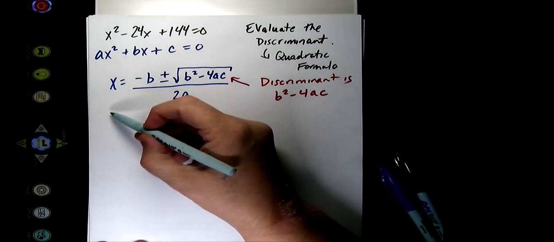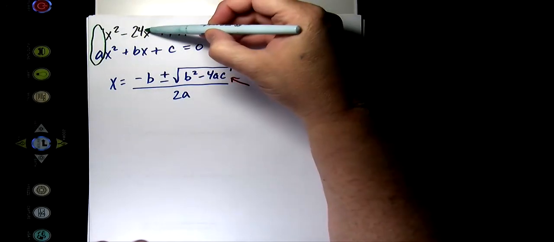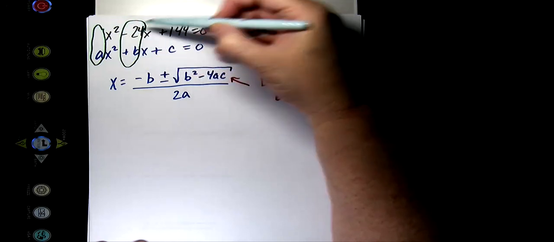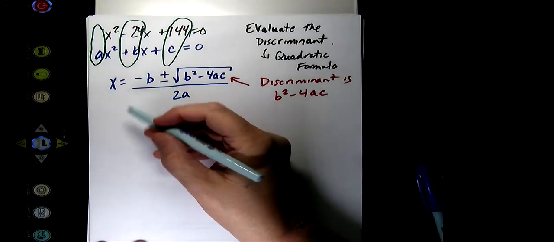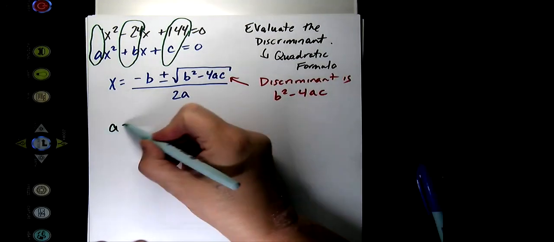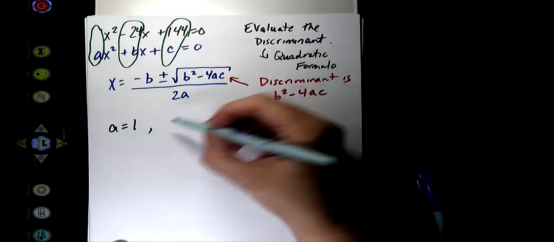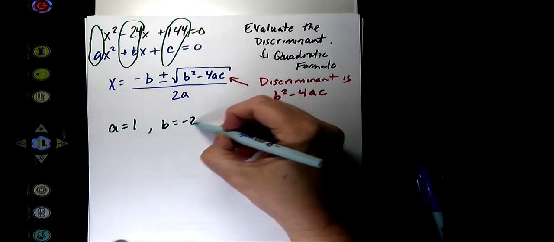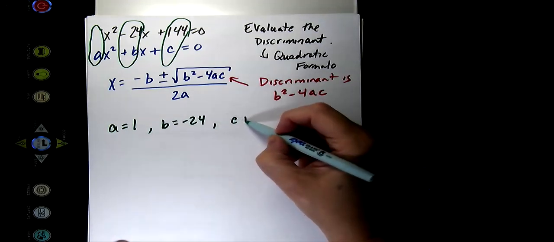So I have, if I match up variables with numbers, a doesn't have a value listed, so a has to equal 1. b equals -24. And c is 144.